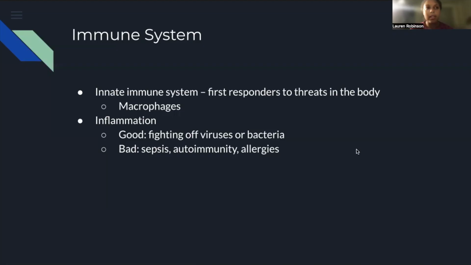These can lead to cell damage, tissue damage, conditions such as sepsis, where you have that really strong immune response, autoimmunity, where the immune system starts attacking itself or starts attacking the host, and allergies, when the immune system recognizes something as foreign that is foreign but isn't harmful and should not be attacked.